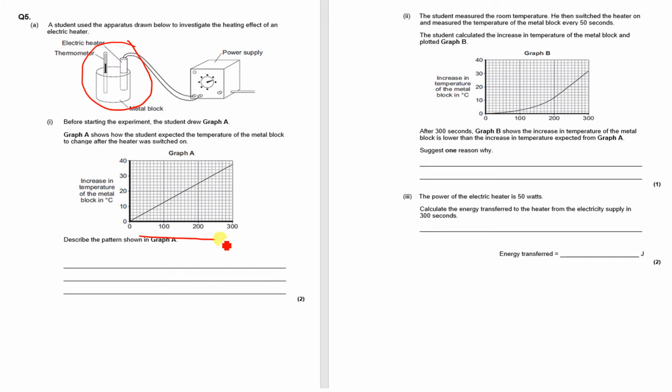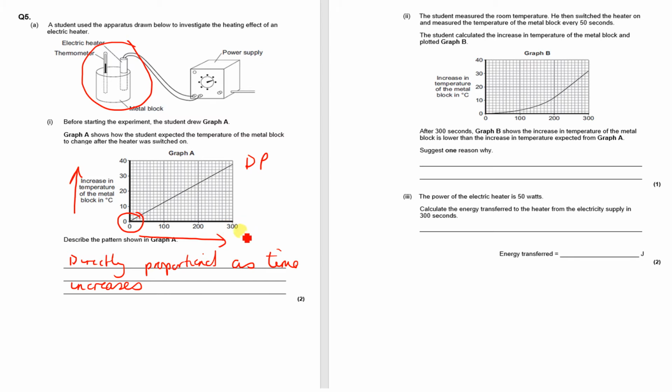So the first thing is, what is happening in the graph? Well, clearly here we've got an increase in time, and here we've got an increase in temperature. But this relationship, if we start at 0 and it is a straight line, remember, is always directly proportional. So it is directly proportional as time increases.